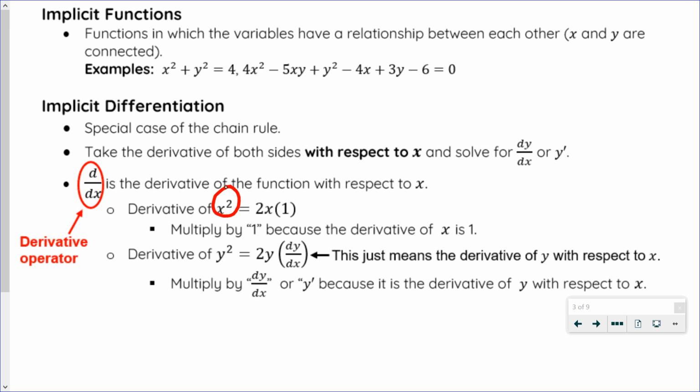Now, if I take the derivative of y squared with respect to x, I bring the 2 down, and it's going to be 2y times dy by dx, which is just the derivative of y with respect to x. So what we're going to do then is multiply by dy by dx, or y prime, which is the derivative of y with respect to x.